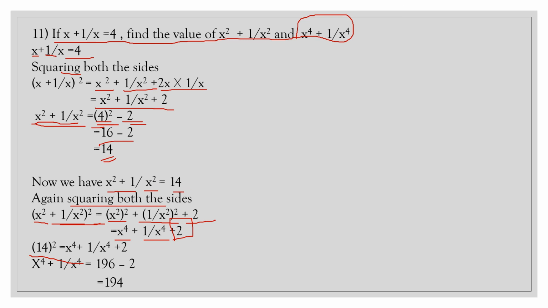So I have written there 14 square is equal to x to the power 4 plus 1 by x to the power 4 plus 2. Now you can easily simplify that x to the power 4 plus 1 by x to the power 4 is equal to 14 square, that is 196, minus 2, that is 194.